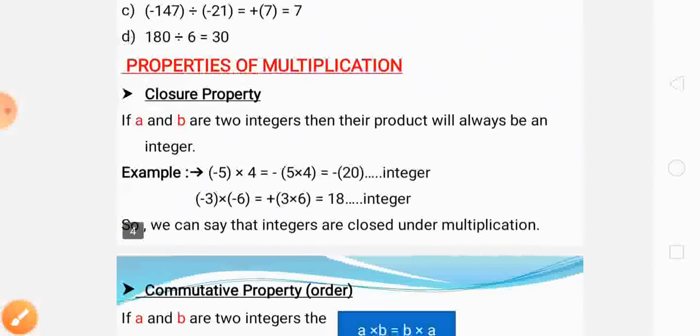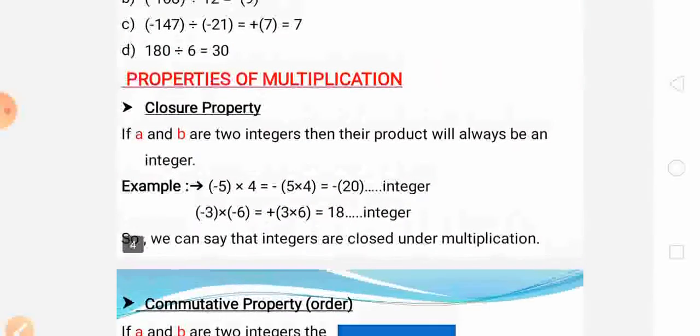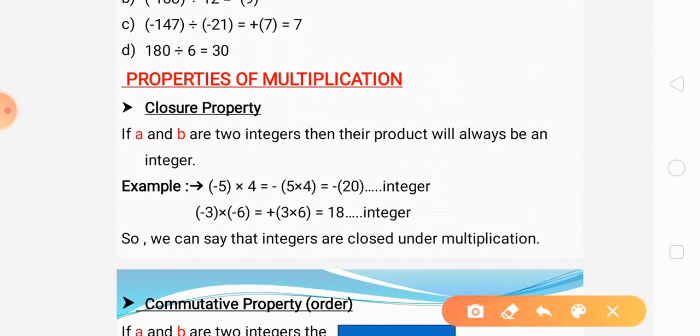Now properties of multiplication. First is closure property. These properties are similar to the properties that I have discussed in addition and subtraction of the integers. Let's say A and B are two integers, then their product will always be an integer.